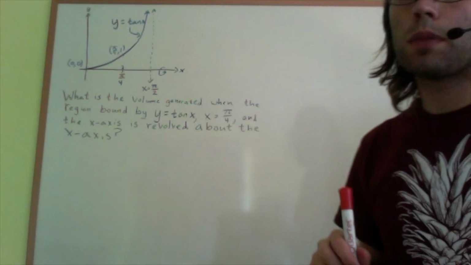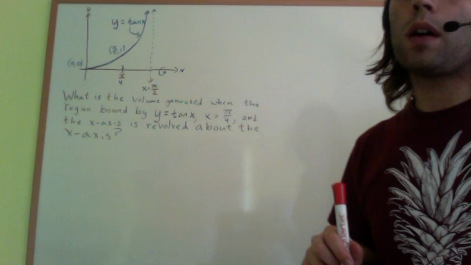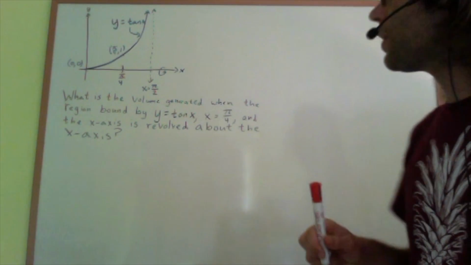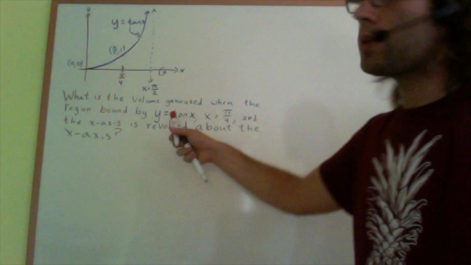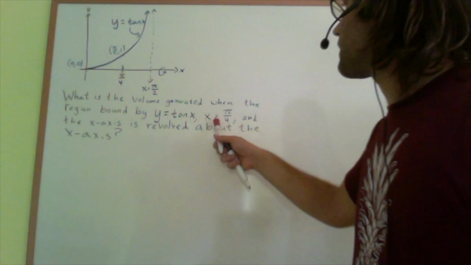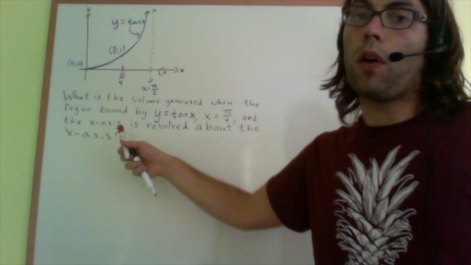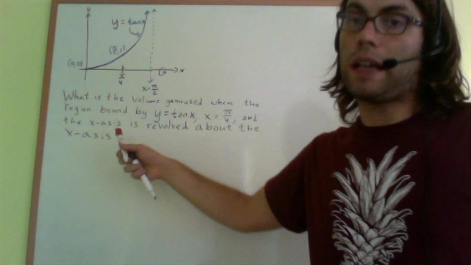Okay, our next problem. What is the volume of the solid generated when the region bound by y equals tangent of x, x equals pi over 4, and the x-axis is revolved about the x-axis?